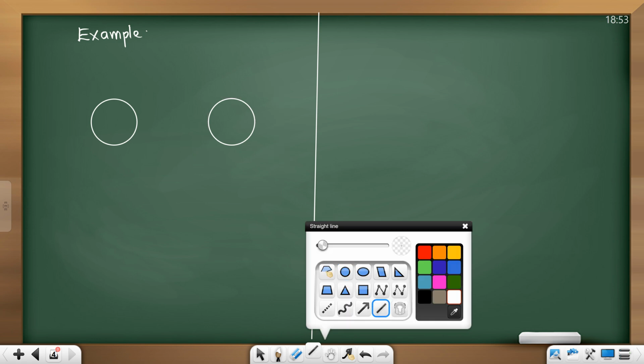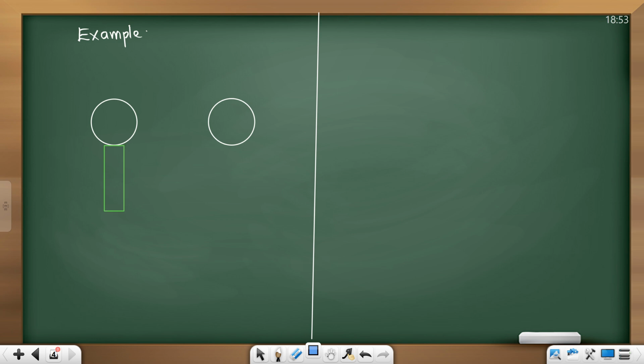I have these two spheres, and we are going to put them on a particular type of stand. Does anybody have an idea what we call these stands?